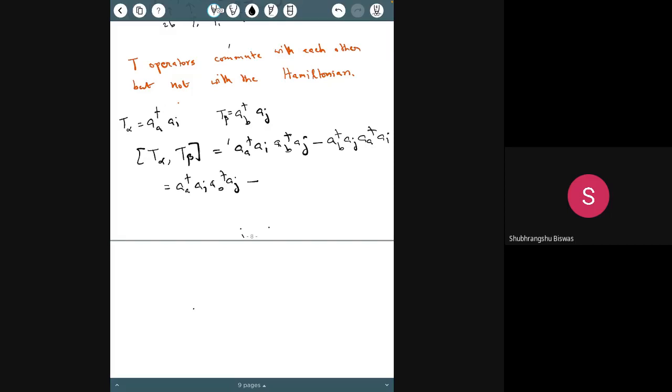So I want to move a† here. So this is delta_aj minus a† a_j. Now a and j are mutually exclusive, so that term is not there. You only have minus a† a_j, which means a sign change.